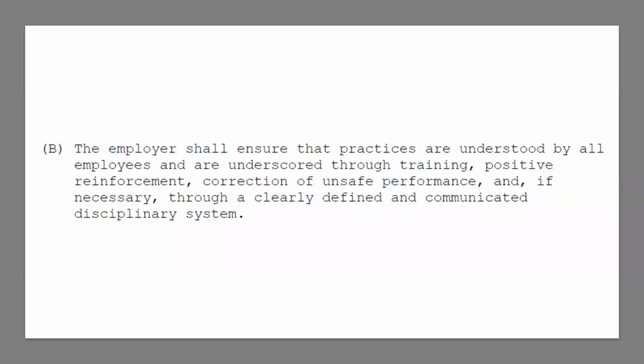Or did we walk by the wrong thing every day for the last week and not say anything until somebody else came up and told us, oh, this can't be, and then we decided to say something like somebody's not wearing their glasses, or they're not wearing their seatbelt on the forklift, or I could list a million things, right? Are we not correcting, or are we correcting unsafe performance? And have we done all those things? And if we have, we've clearly defined and communicated our disciplinary system, and now making a decision to put that into action.